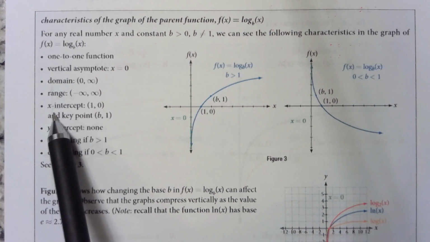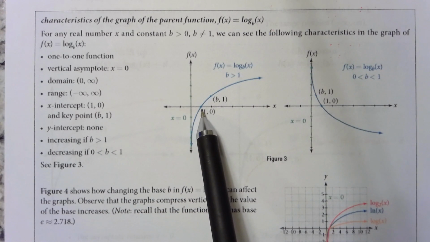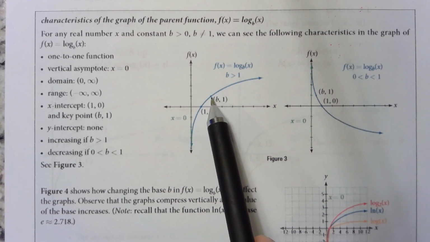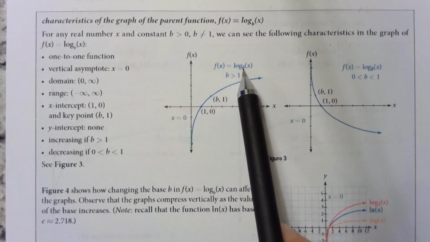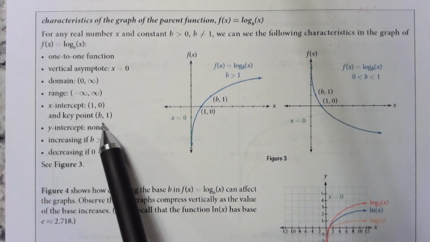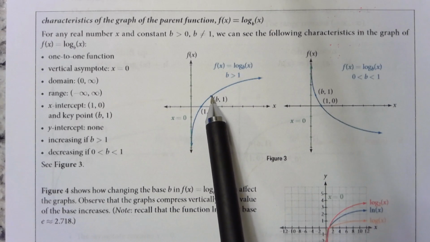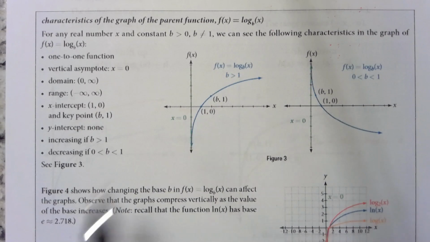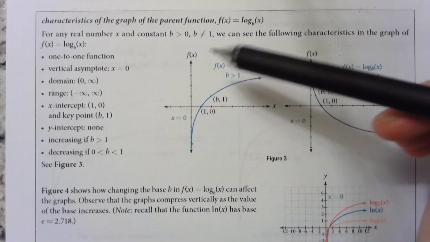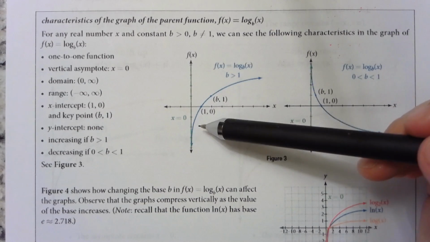There's an x-intercept at (1, 0). There is a key point at (b, 1). Now what is b? b is your base. So at (b, 1), there is a key point. Kind of helps you know which direction to go. It does not have a y-intercept, mainly because the y-axis is a vertical asymptote.